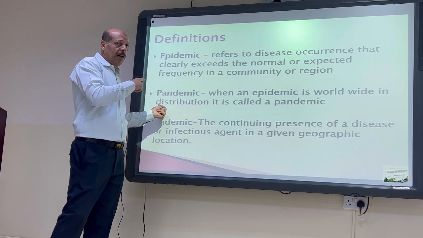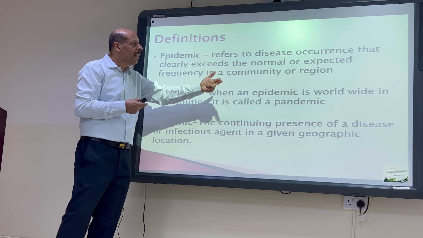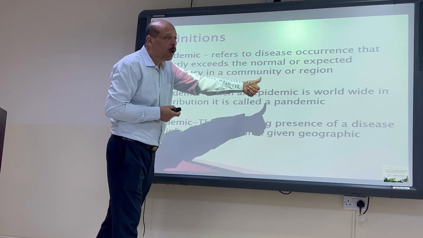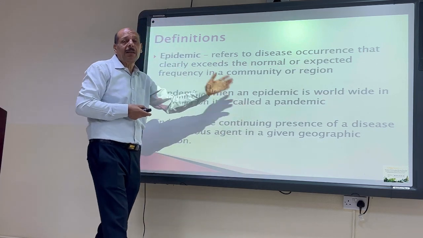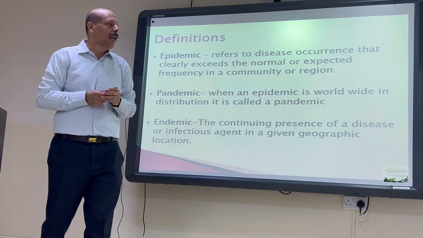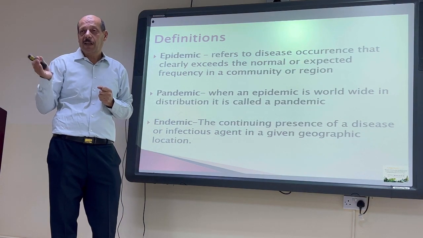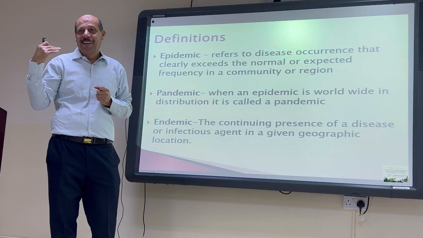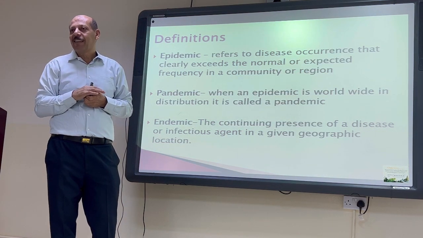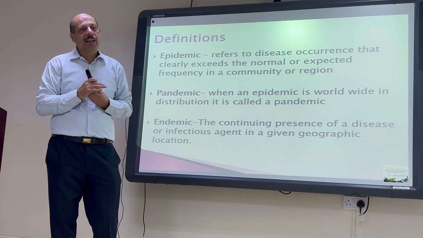There is another term, which is pandemic. Pandemic is when the epidemic disease is worldwide, like if we apply it to coronavirus. Where did coronavirus start, if you remember? 2019, this is the time. Where did it start? In China.